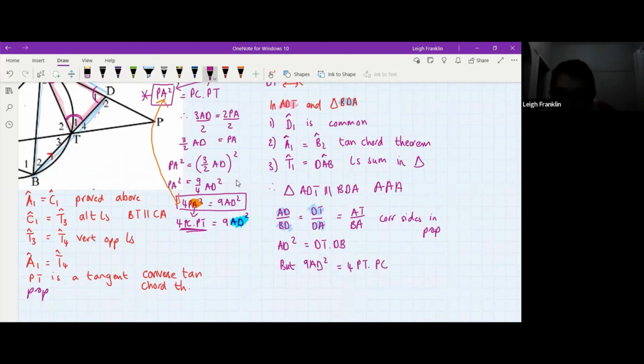So that means that AD squared equals DT times DB, so I'm substituting now, DT times DB is going to be equal to 4 PT times PC. Okay, so I've substituted here. All right, so if you're getting lost there, this AD squared here, remember it's equal to DT times DB. So I've just done a direct substitution.